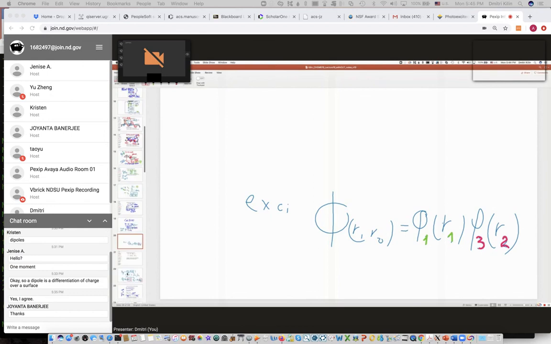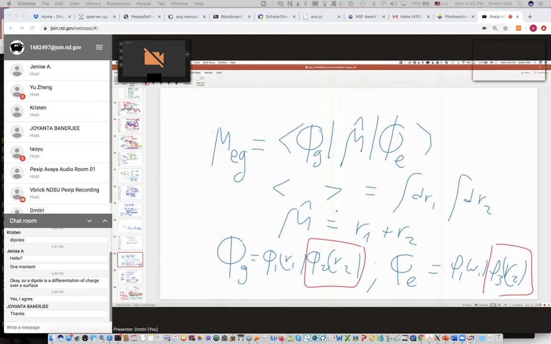So we are formulating the matrix element of the dipole operator for the system being promoted from the ground state to the excited state.